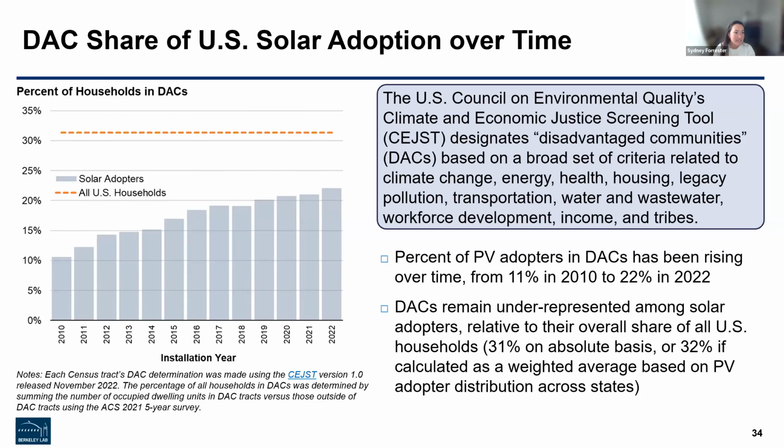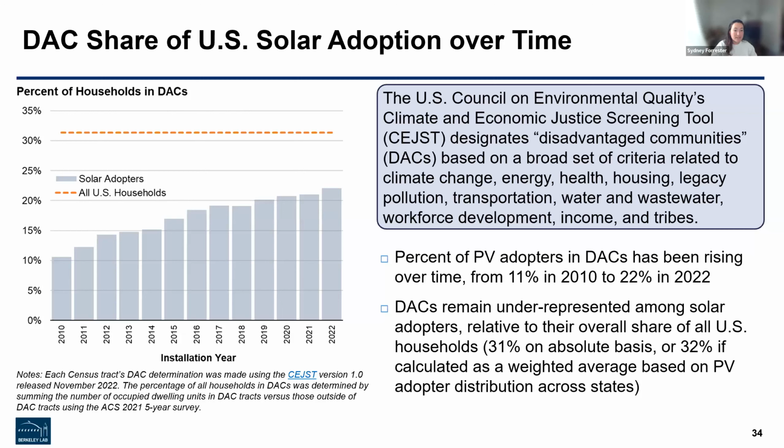And what we see here is that the share of solar adopters located in disadvantaged communities, as defined by the federal government, has increased over time, but it still remains lower than the number of households located in those census tracts in general, which is that orange line up at the top.